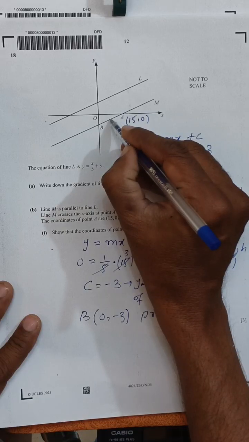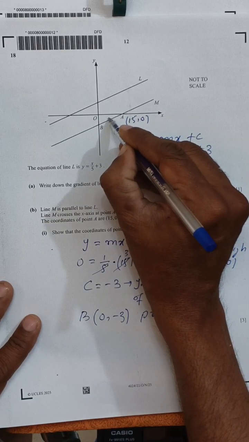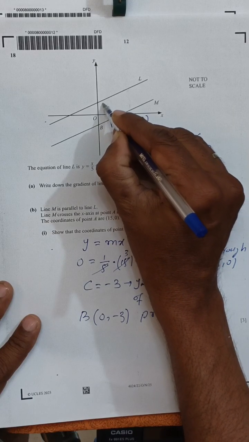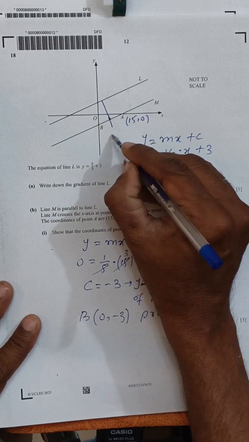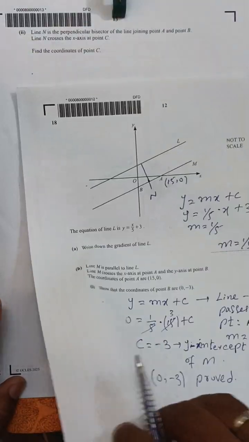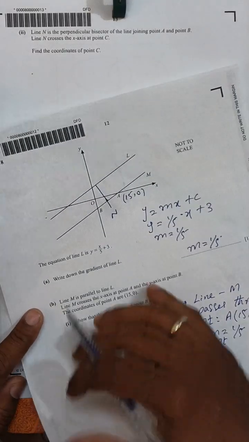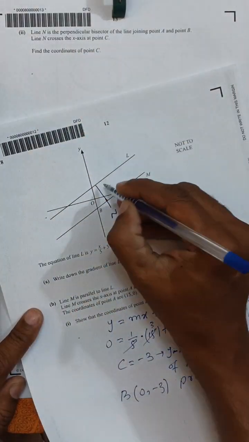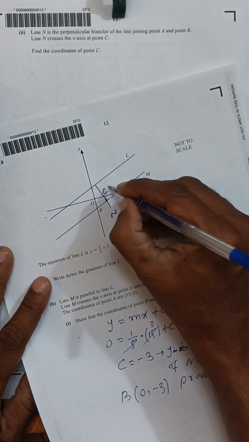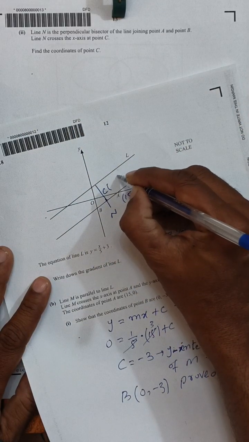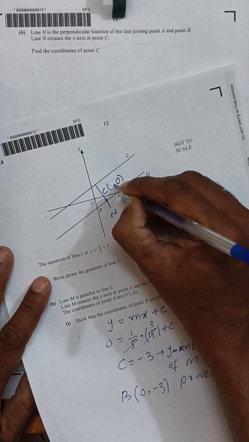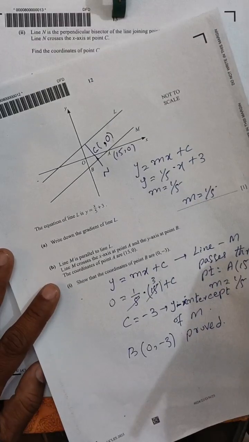For example, this is the midpoint, and this is line N. It crosses the x-axis at point C. Find the coordinates of point C when it crosses the x-axis. So the y value will be 0. You need to find the value of x only.